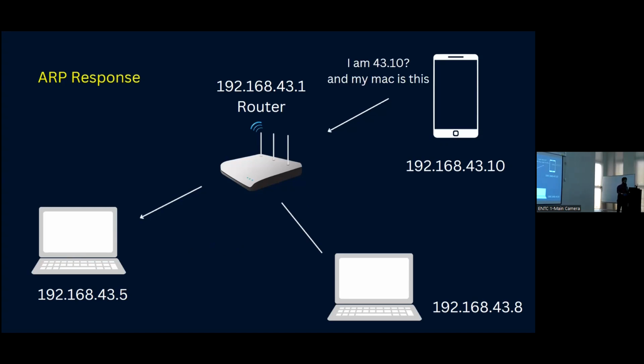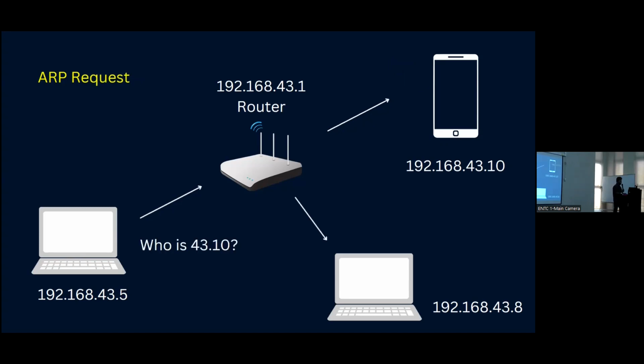Now, after that, there is the ARP response. And I have to mention here, this ARP request is going to go to this device as well, even though this is not 43.8, even though this is not 43.10. This message is going to go to both of those.